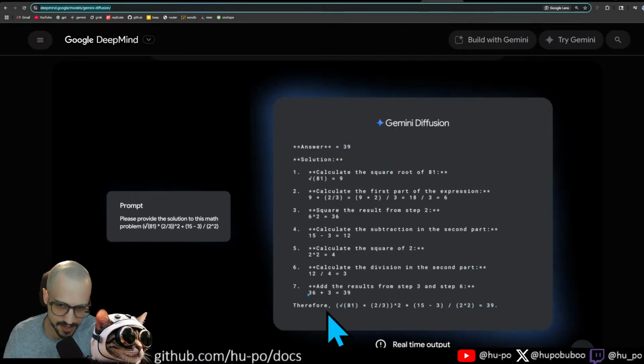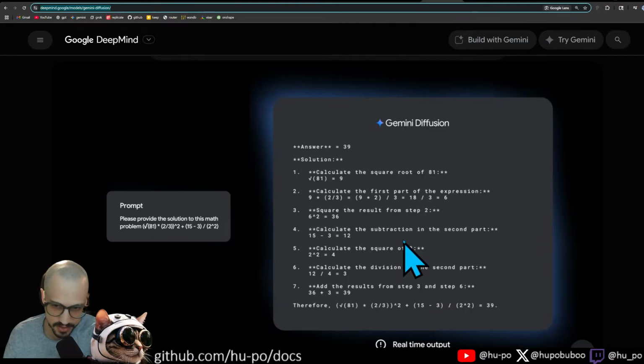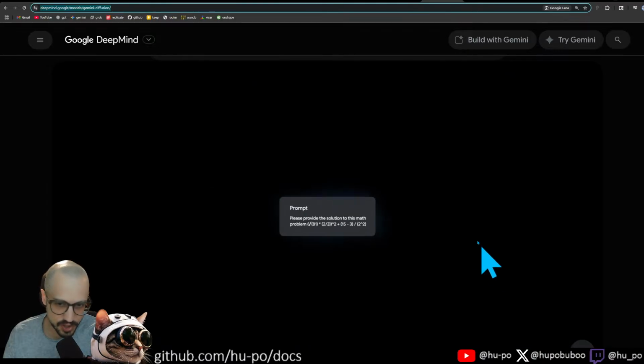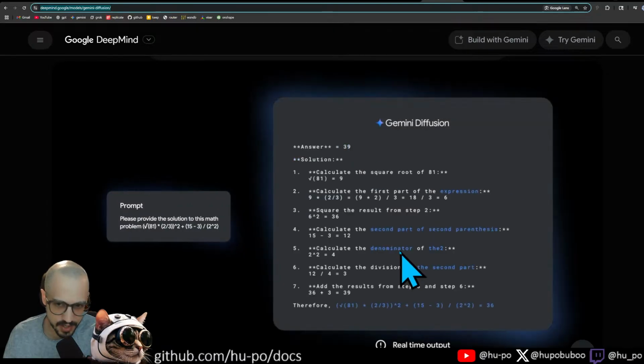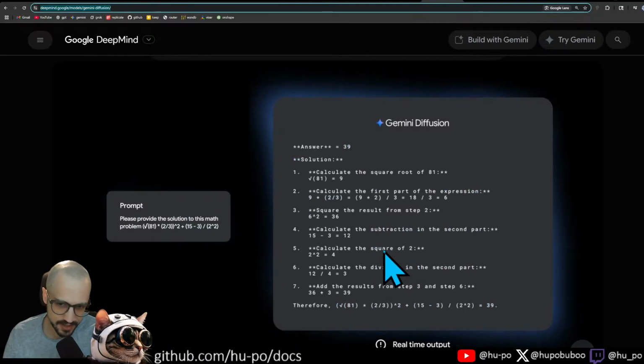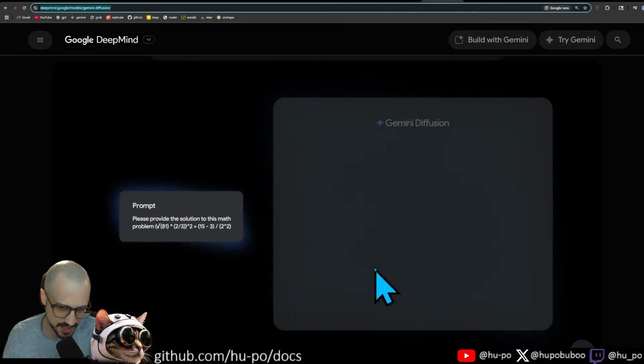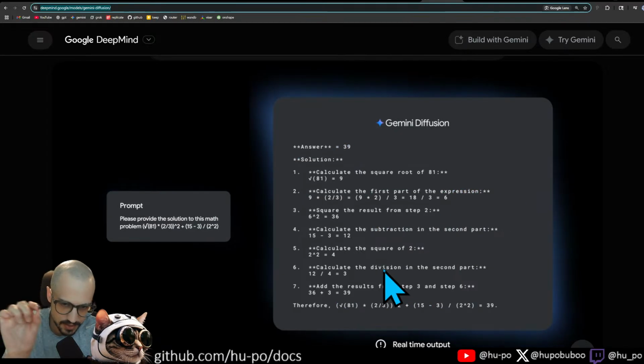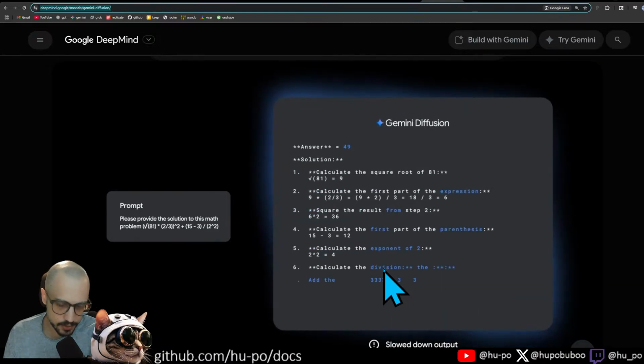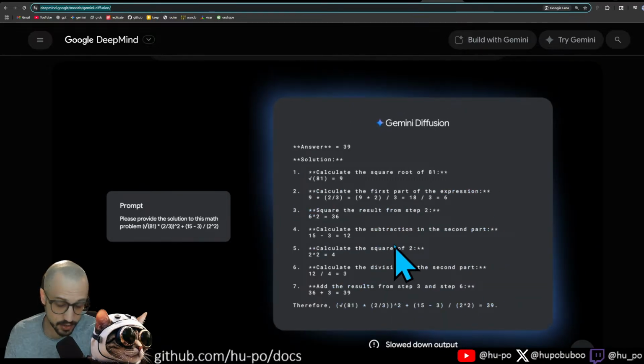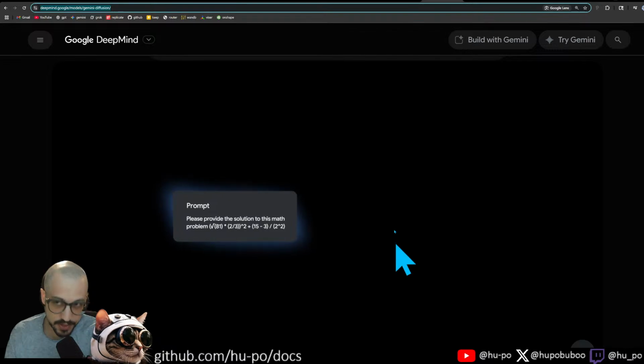The tokens start off as noisy random tokens, like a random string of twos, and it ends up on just the number 2. Or this word square: it starts off with power, exponent, power, denominator, then square. Each individual token takes this little trajectory to get to the final token for the final output.